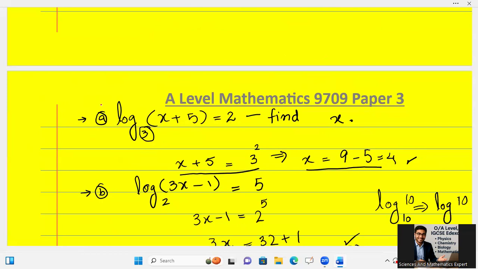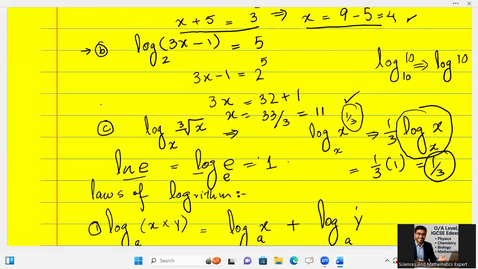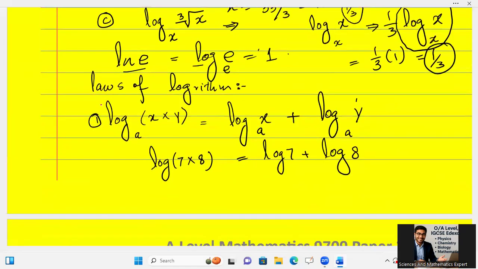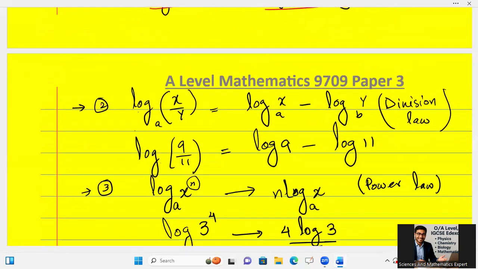The first law was taken as these little examples we have done for you, and the laws were there. When two numbers are multiplied, taking the separate logs, they can be added. If two numbers are divided, then the logarithms should be subtracted.